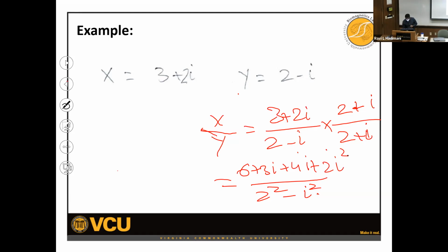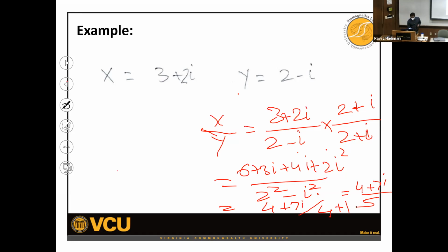So this becomes 4 plus 7i, divided by 4 plus 1, that is 5. So you have 4 plus 7i divided by 5. Okay, so that's your division.